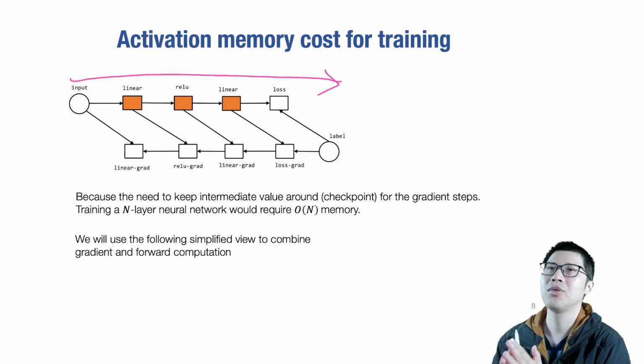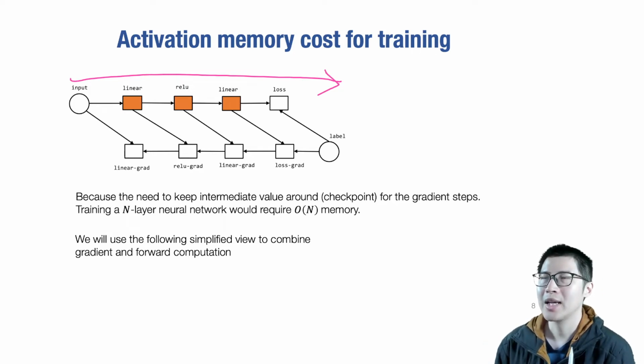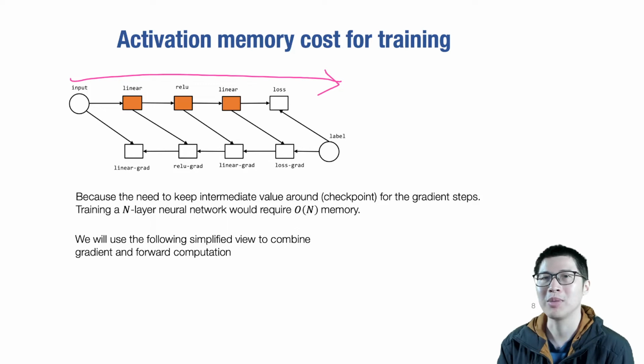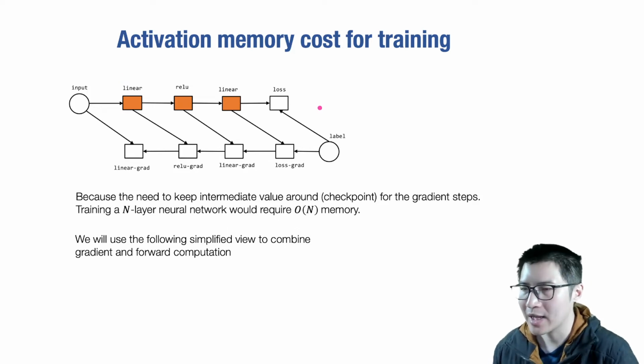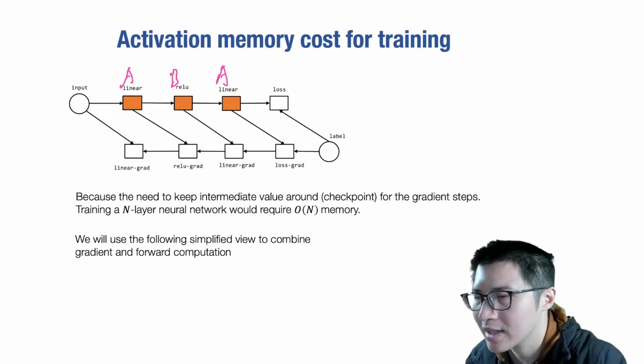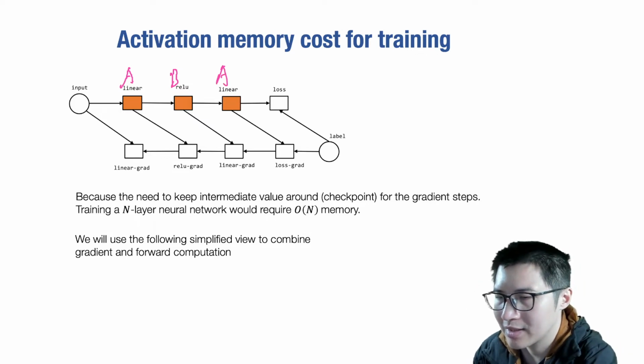If you want to increase the number of layers in this neural network, you'll find that effectively we can no longer use this ping-pong buffer approach. Why is that the case? If we use A, B, and A in this case, you'll find that the result of this value is being overwritten by the result in here.